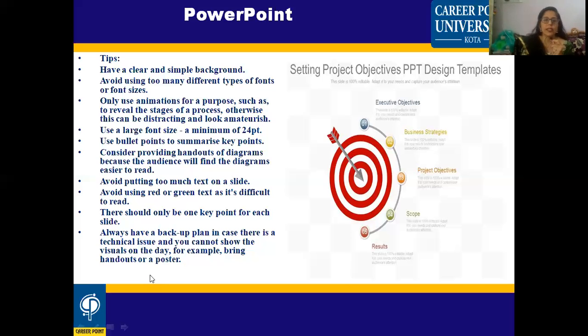And we can use certain animation effects also, but while using these animation effects, we should keep in mind certain strategies and points that we had already discussed in the session about animation effects. So once we have set some project objectives for the PPT design templates and PPT presentation, accordingly we should always proceed.